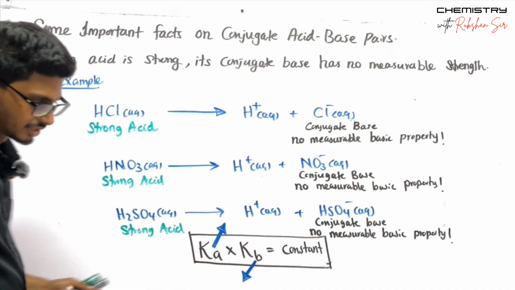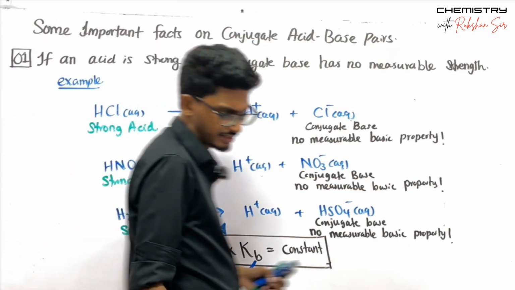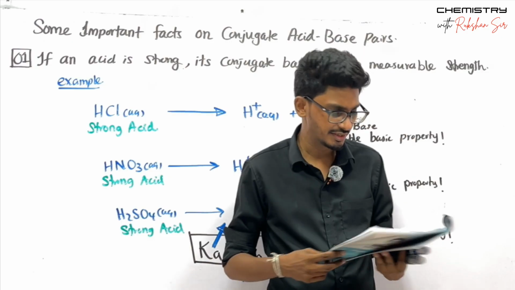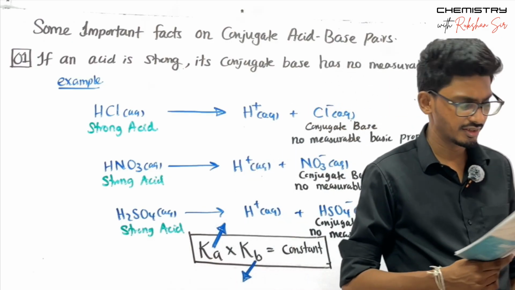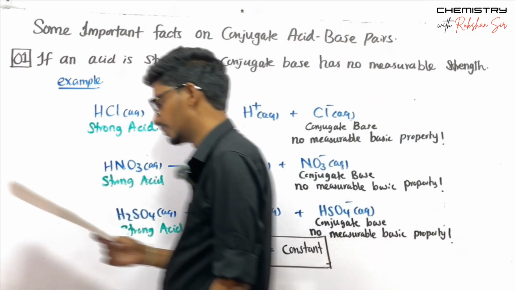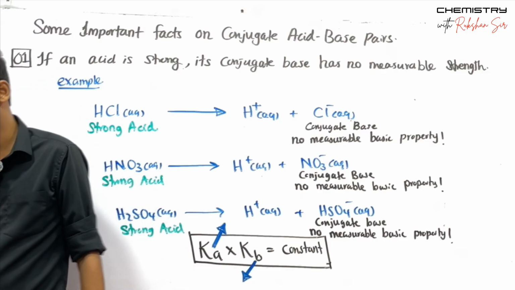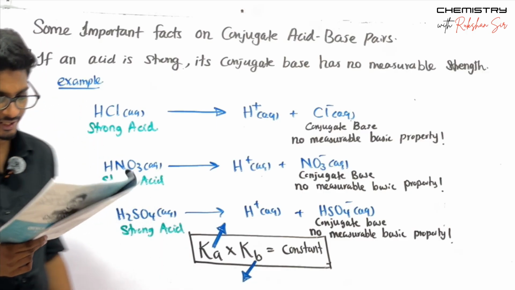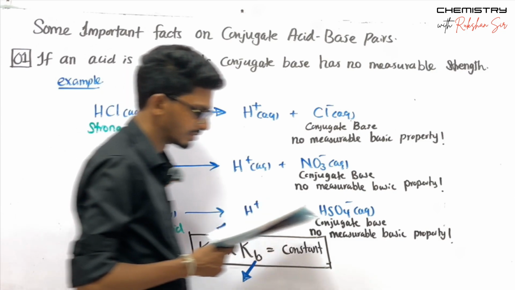Okay, this is clear now? That thing is given there. This can be mathematically derived by the equation Ka into Kb is equal to constant. So Ka is the equilibrium constant for the hydrolysis of the conjugate acid, and Kb is the equilibrium constant of hydrolysis of the conjugate base. Here Ka high means the acid strength is high, Kb high means base strength is high.